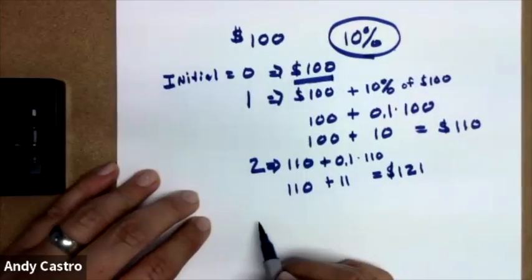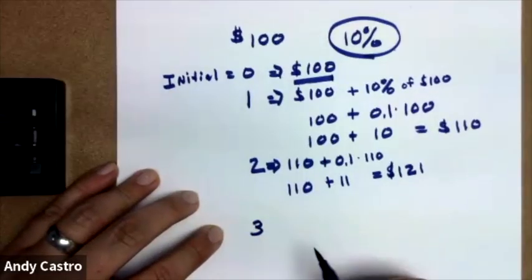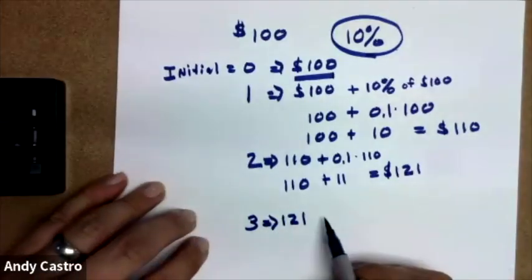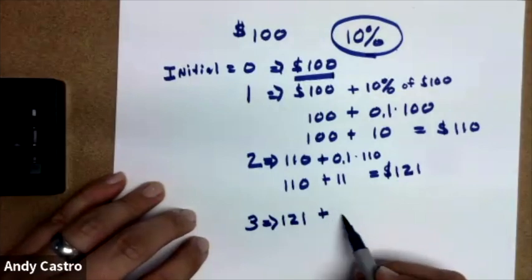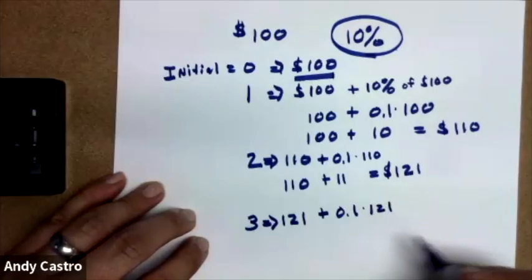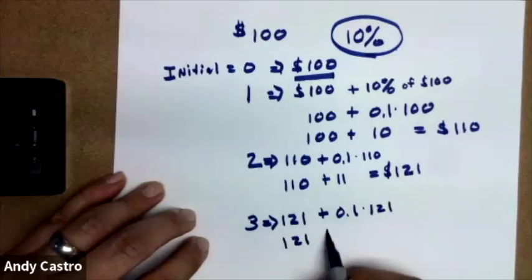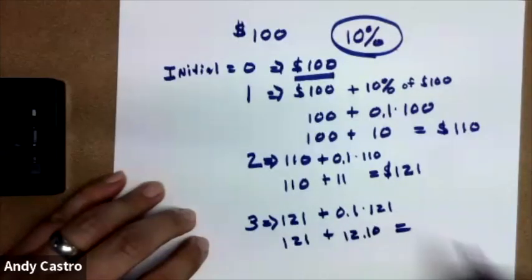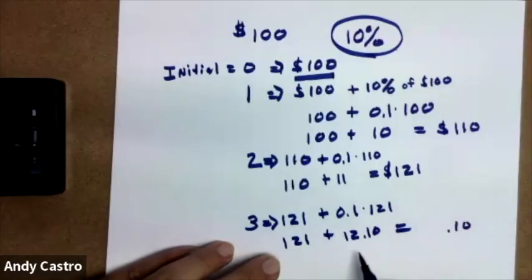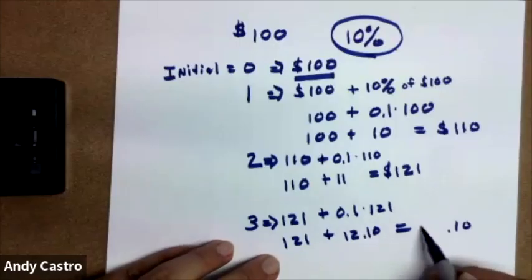All right, so let's go to year 3. We start the year with 121. We are going to add 10% of 121. So this is 121 plus $12.10. 121 plus $12.10 will be 133.10.